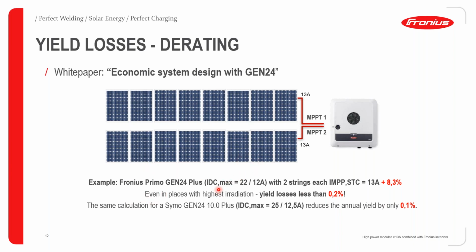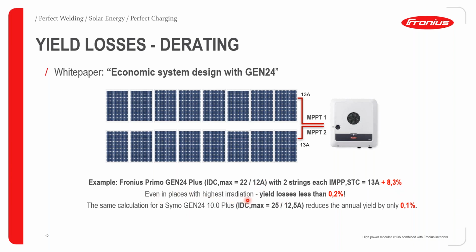As we saw, the IDC max for the MPPTs is in the region of 22 amps and 12 amps. If you do two strings with MPP current at standard test conditions of 13 amps, this would mean that considering MPPT number 2, you have exceeded the allowable current by about 8.3%.